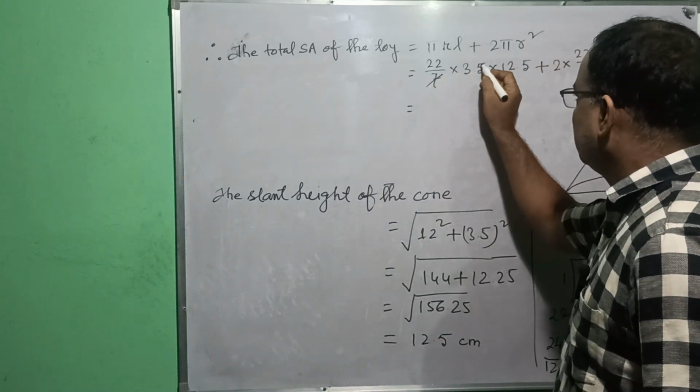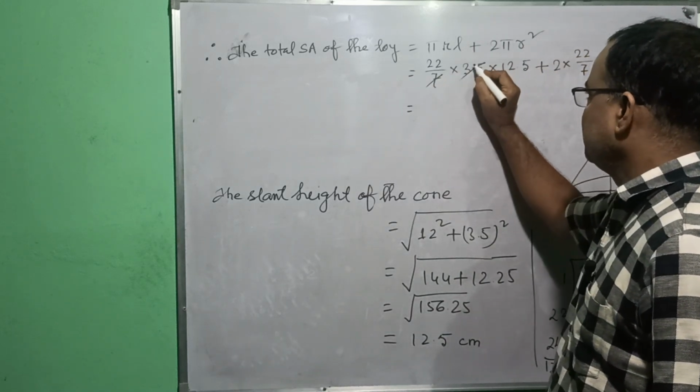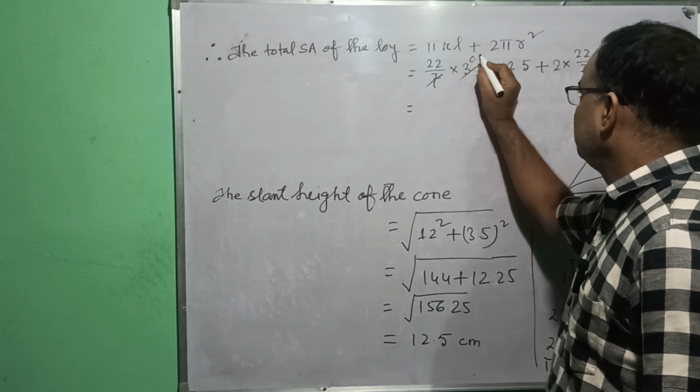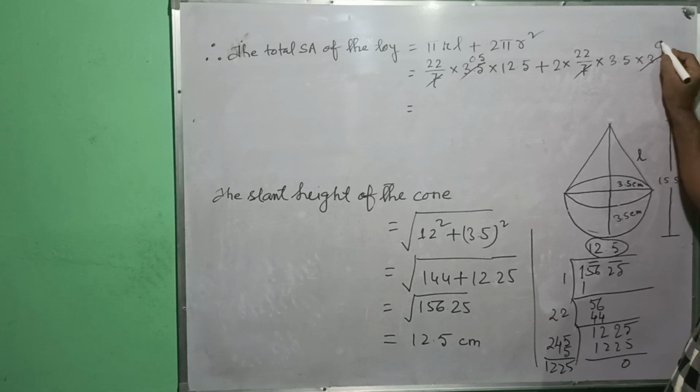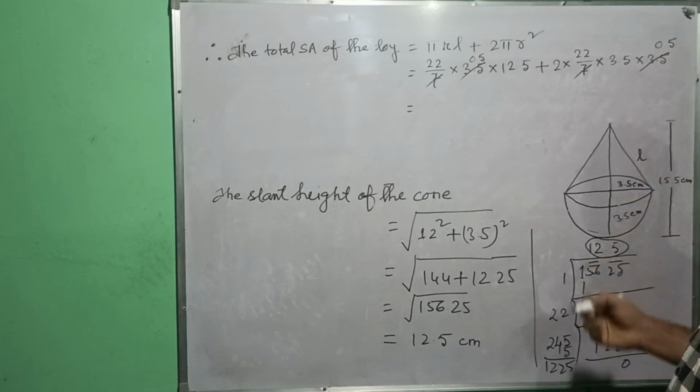Here we can cancel 7 by 35, so it is 0.5, and here also we can cut, 0.5.